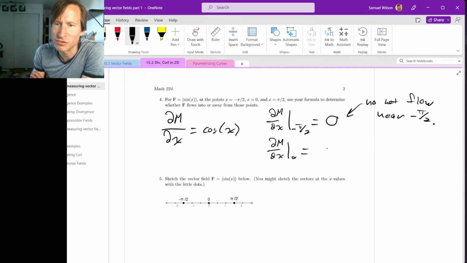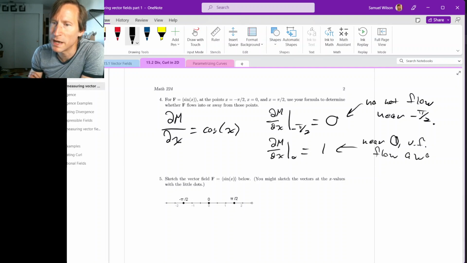Well, cosine of 0 is 1. And we decided that when this derivative was positive, the vector field flows away from the point. So near 0, near x equals 0, the vector field should flow away from x equals 0.